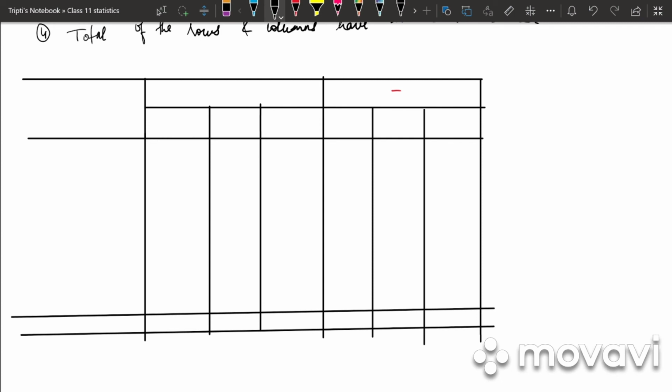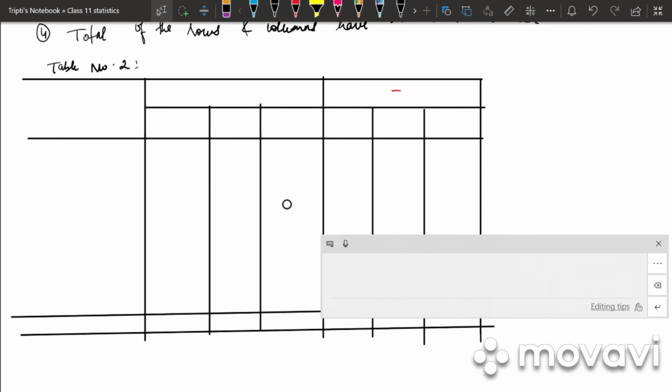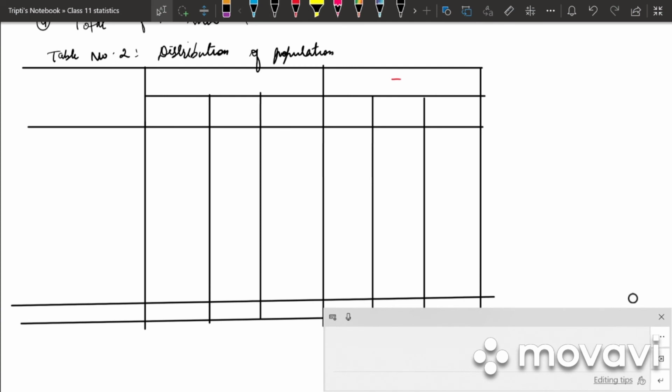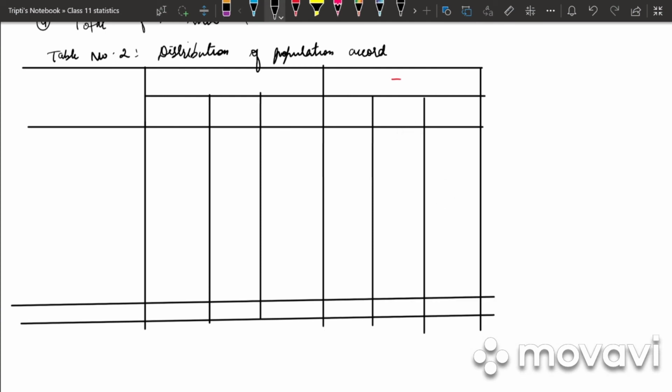So first we'll be having a title of the table. So it is table number 2. Distribution of population according to age, sex and literacy.